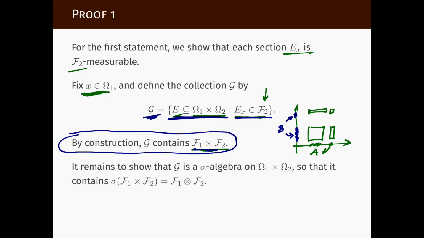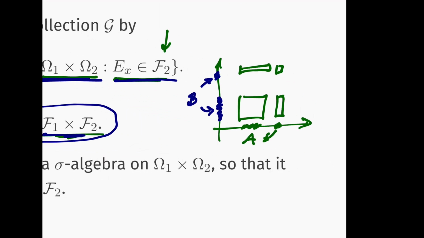And why does it contain the rectangles? We can just take a look here and see what we have. If x is outside the set A, then the section will be empty, and the empty set is in the sigma algebra F2. So the property that we claim will hold.